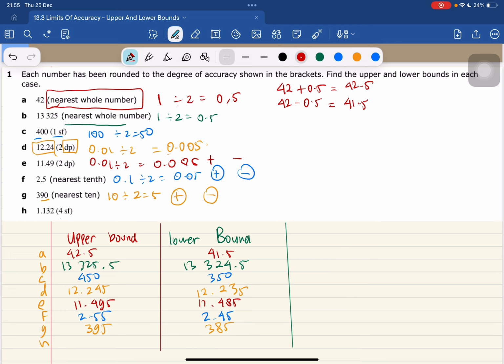Last, four significant figures. So we count 1, 2, 3, 4. So here 0, 1, 2, 3, 4. Make it a half, so 0.00005.